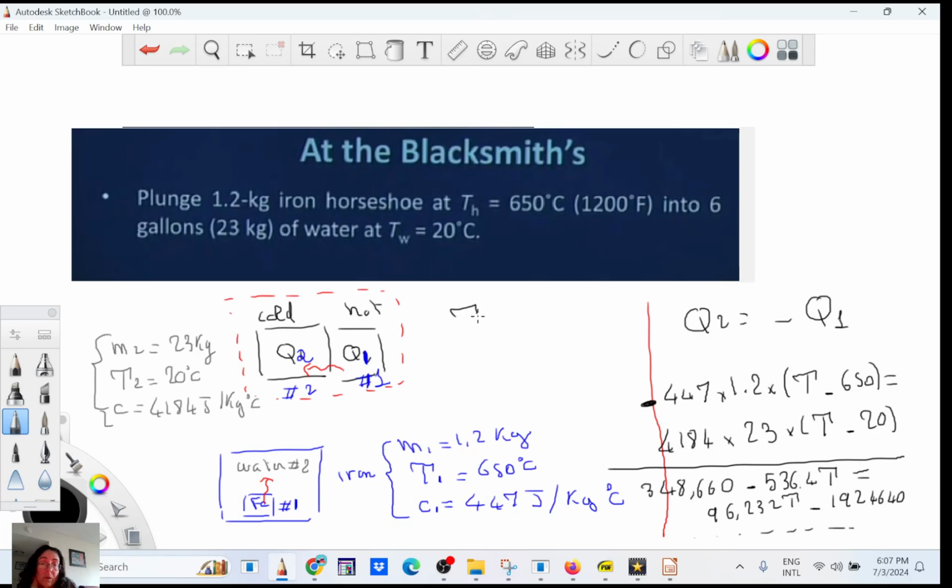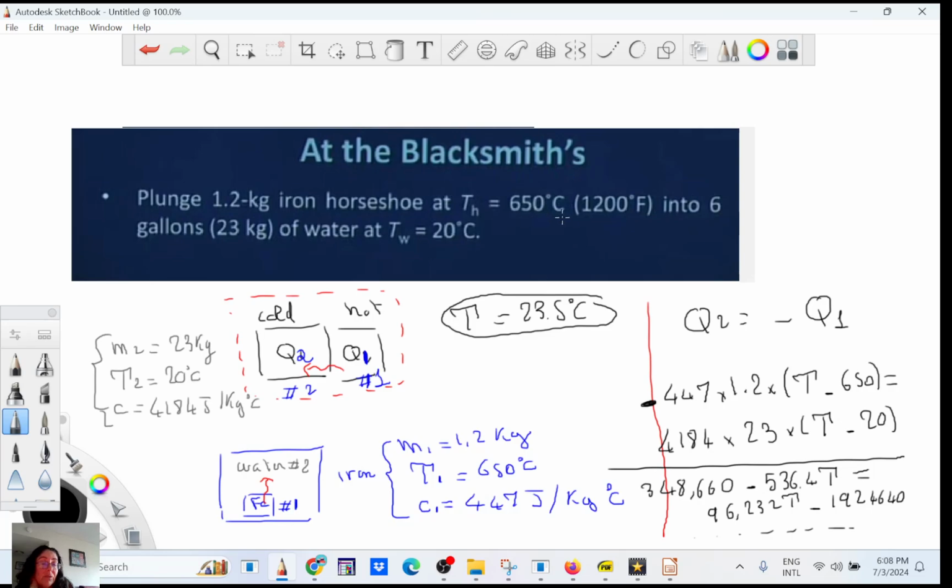And the answer will be, I think I found, 23.5 degrees Celsius. That's going to be the final temperature. You see that the water didn't increase its temperature by much, only 3.5 degrees Celsius, but the iron lost a lot of temperature.